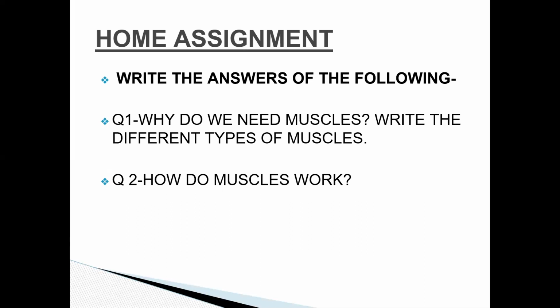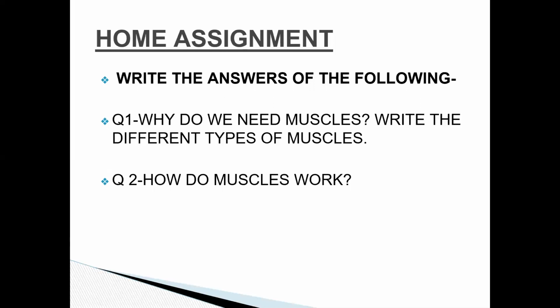Write the different types of muscles. The answer is, there are three types of muscles. First is voluntary. The movement of the muscle is in our control, like muscles of legs, arms, etc. Involuntary muscles are present in the internal organs, and the movement of this muscle is not in our control.